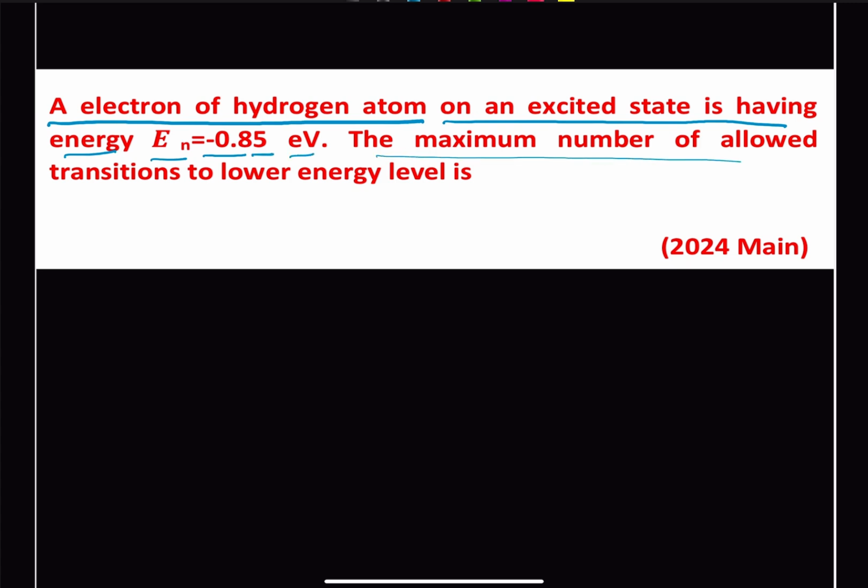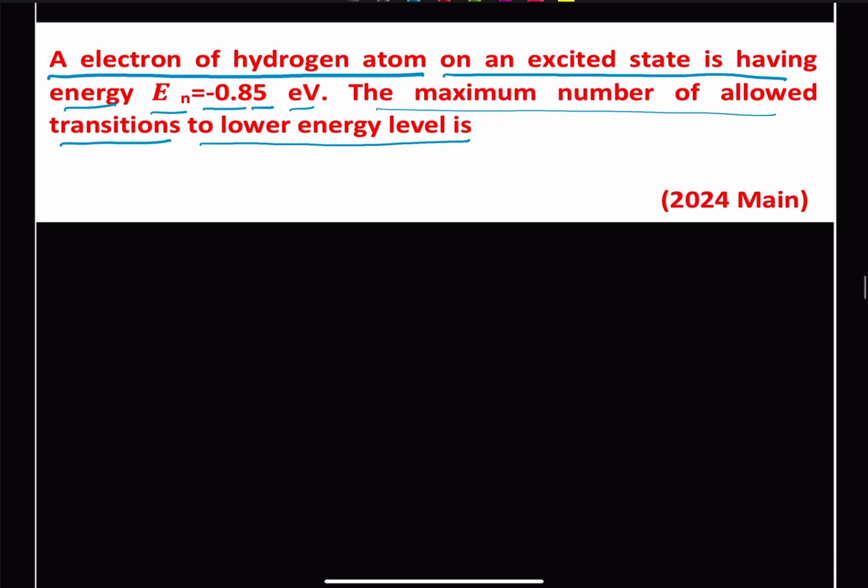The maximum number of allowed transitions to the lower energy level is. Okay. So here we are given for nth state the energy as minus 0.85, and we also know the standard formula for nth state, and we can just equate them and get the value of n. Based on this we can find out the number of transitions.